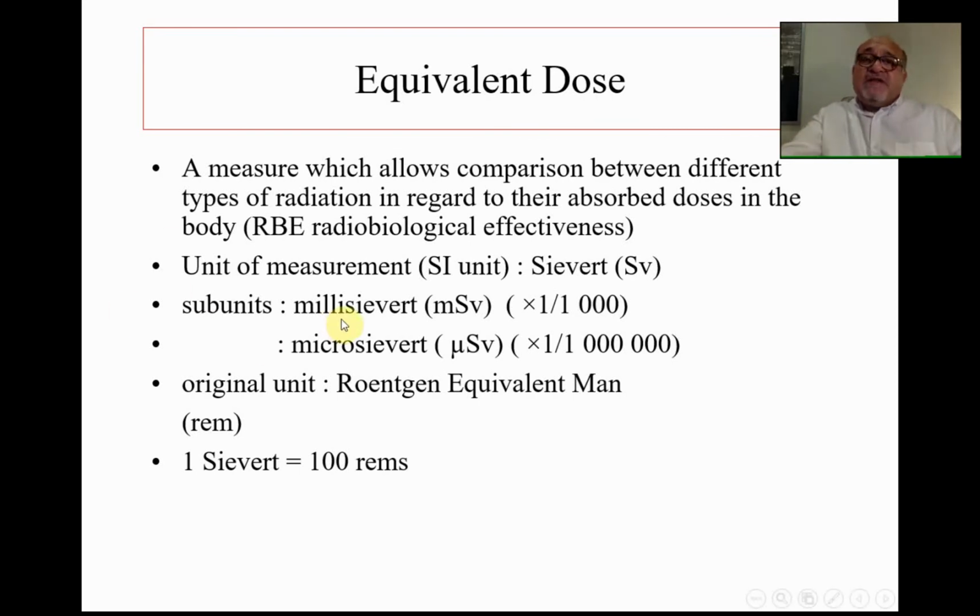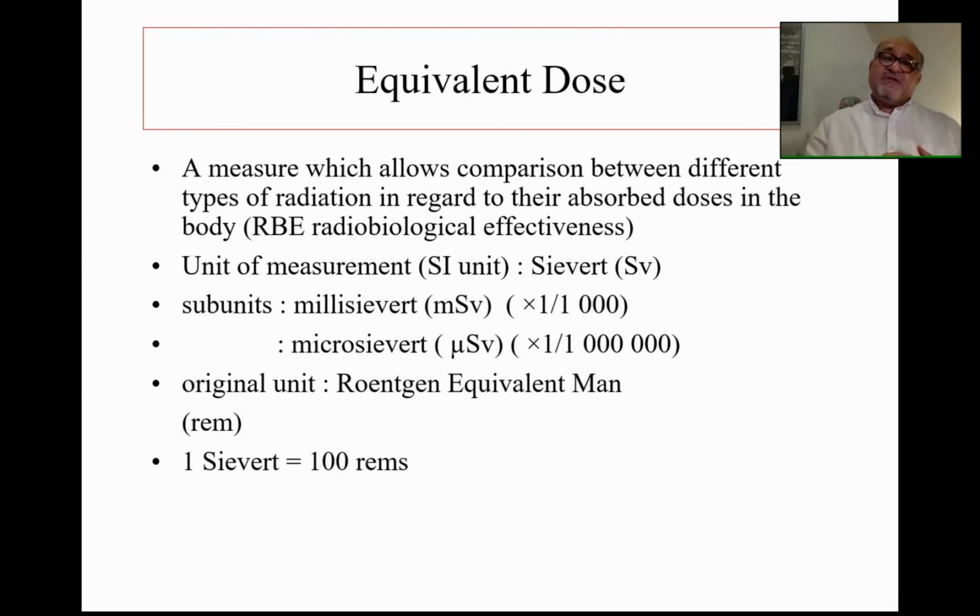Sievert is a big quantity of radiation, so it is subdivided into millisieverts, which is one thousandth of a sievert, or further into microsieverts, and this is the sign. Please look at the millisieverts and the microsieverts. A microsievert is one over a million of a sievert. And in diagnostic radiology, we're actually toggling between the microsievert or millisievert. We're more towards the microsievert, so we're talking about smaller doses of radiation.